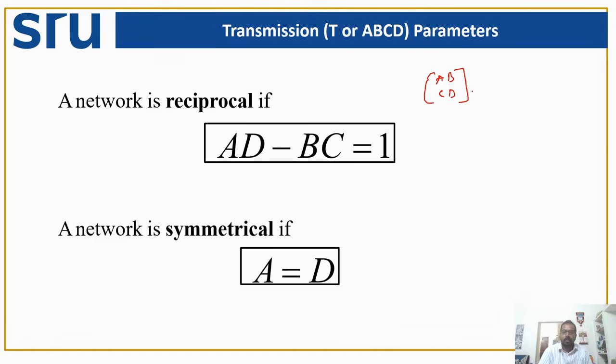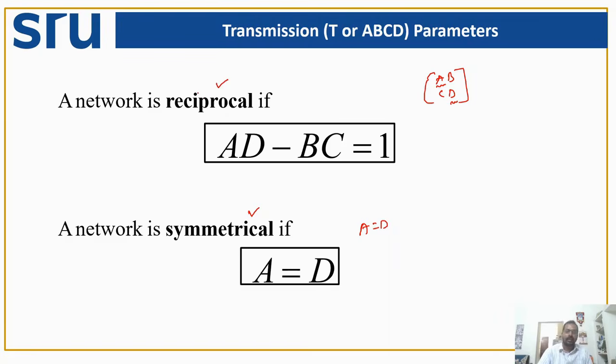And we are going to say a network is symmetrical if the A and D parameters are equal. So whenever A is equal to D, we say the given network is symmetrical. When the determinant of this ABCD parameter matrix is equal to 1, that is AD minus BC equal to 1, we say the network is reciprocal.